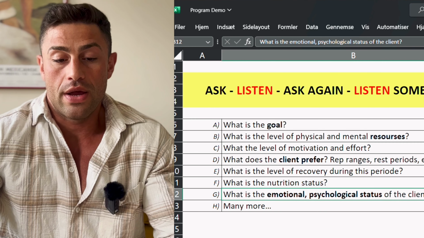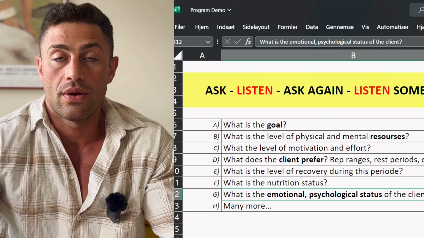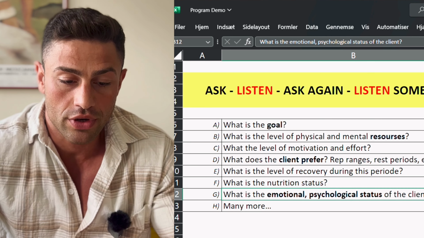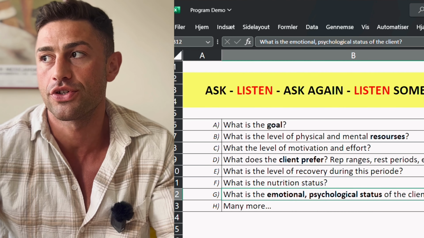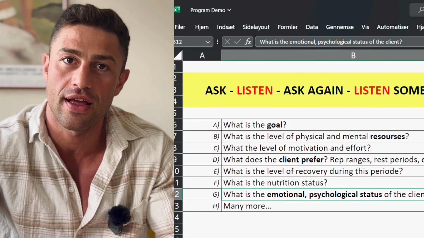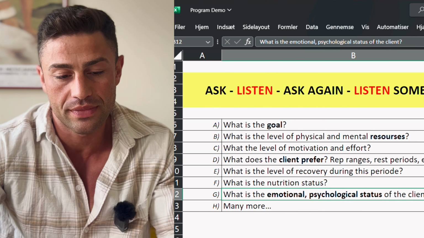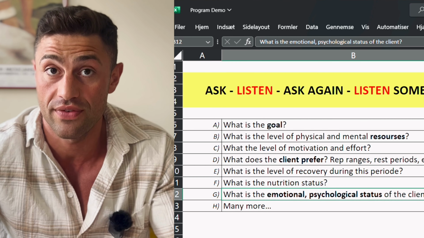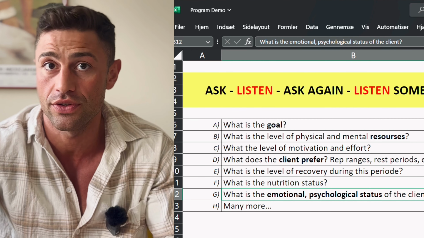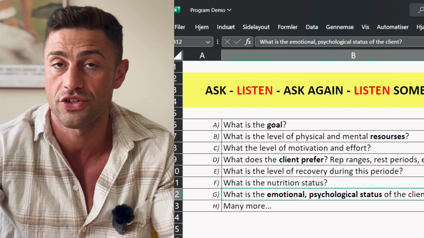When we have the information we need to design a training program, we should decide how much volume, how much food are we going to feed our client, and we have to base that on their ability to recover from the work we are giving them. What's their capacity? What else are they doing besides training?